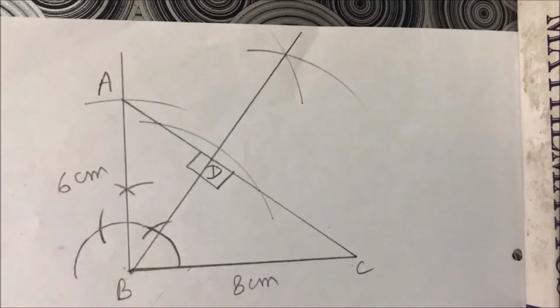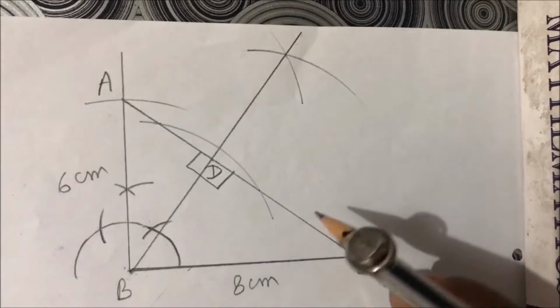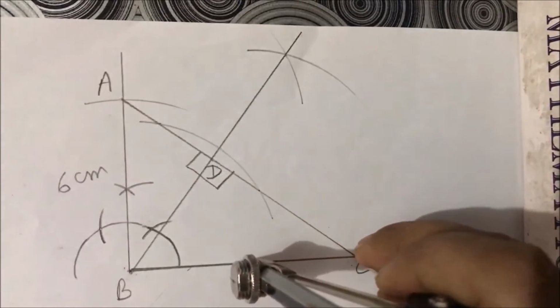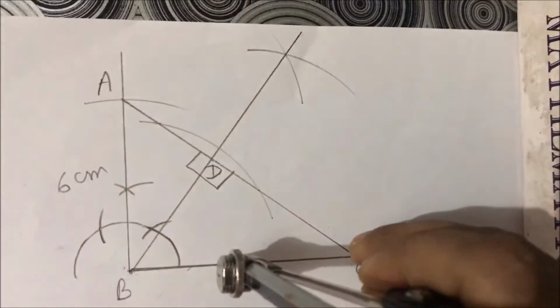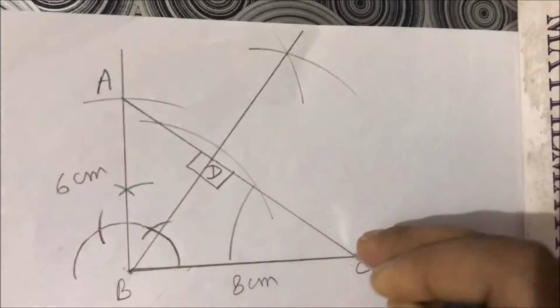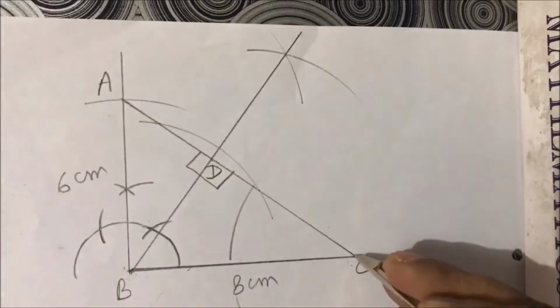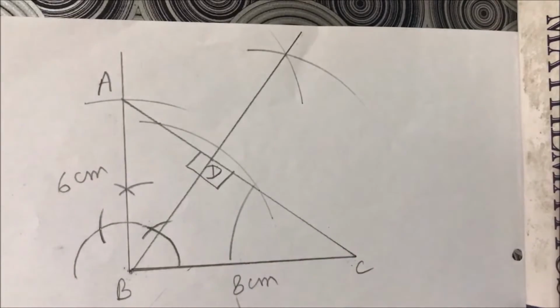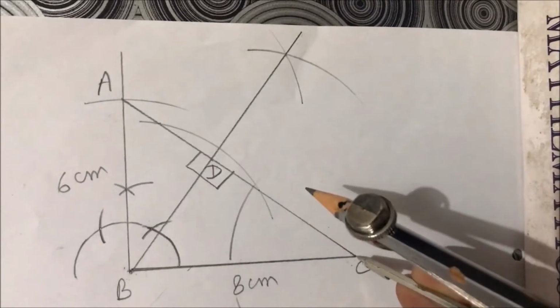As it is a right triangle, the center of the circle lies on the midpoint of the hypotenuse. This is the hypotenuse. So to locate its midpoint, you have to draw the perpendicular bisector of BC. Taking more than half, draw two arcs above and below BC using C as center, and make it bigger.